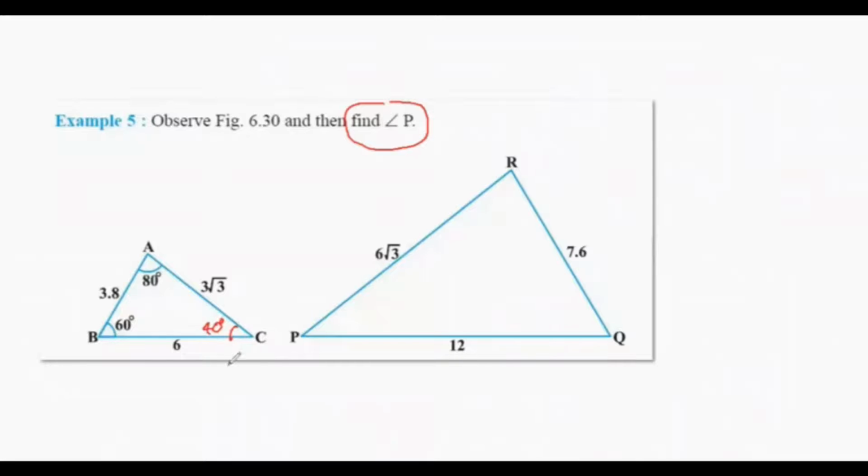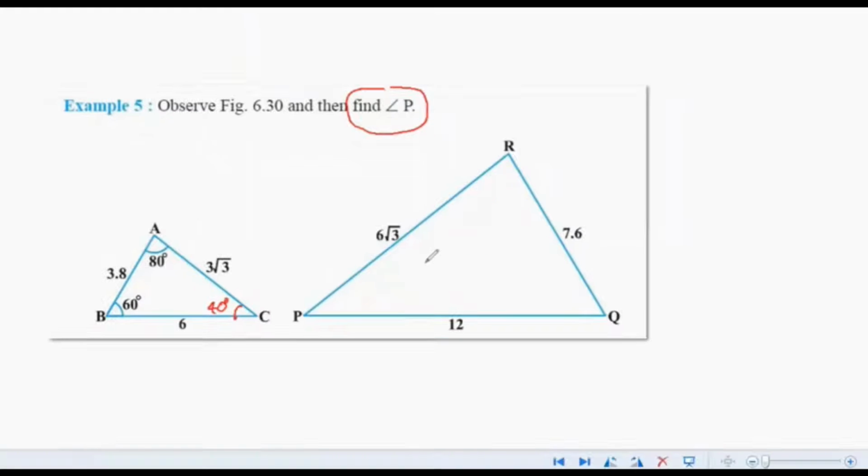Now look here. Which criteria we can apply to prove that these two are similar? 1, 2, or 3? SSS. Yes, SSS. AAA we cannot apply, because for the second one the angles are not given.